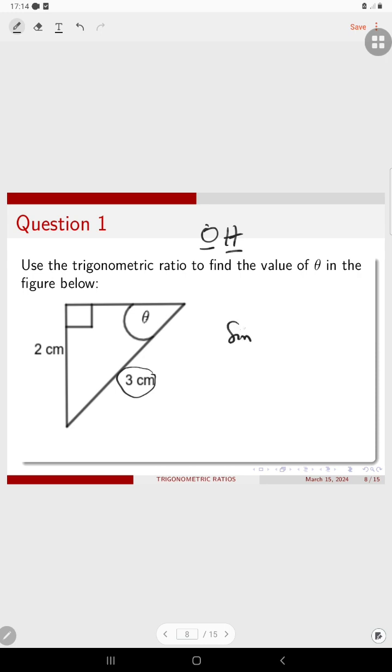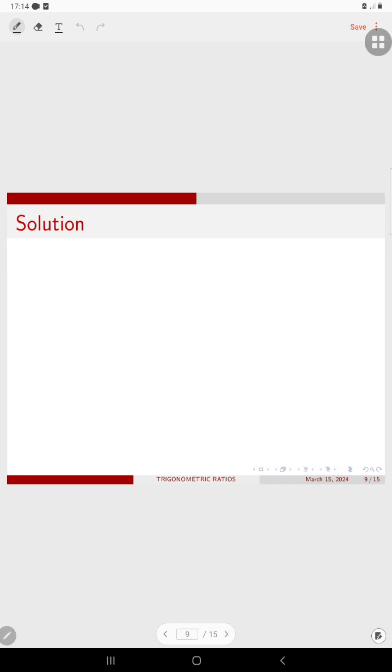So I will say sine theta is equal to opposite over hypotenuse. I'm going to transfer this on the next page. Sine theta is equal to opposite over hypotenuse. So go to the diagram.